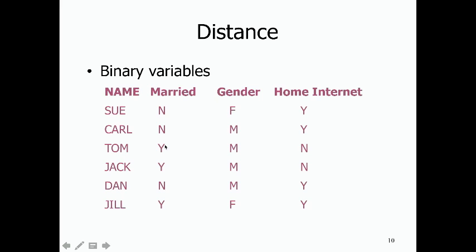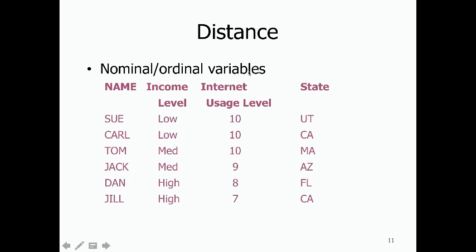So let me quickly talk about how data scientists, or some functions out there, will need to transform other types of non-numeric variables. For example, we oftentimes have attributes that are categorical with 2 values, such as married or not, gender, home internet yes or no. These are all binary. There are also other categorical variables that have more than 2 levels, and these levels sometimes have ordinal relationships.